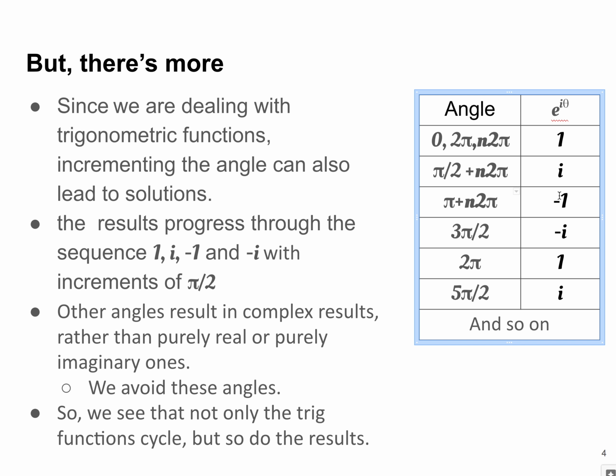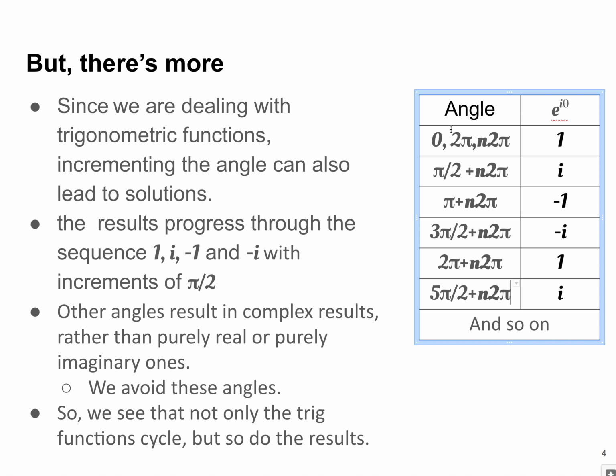All these are also equal to minus 1, and these are equal to minus I, and these are equal to 1. See, we're back to the starting point, and now this one is the same as this one. These are repeating. So increments like this give you this succession of values when you evaluate e to the I pi. Now, if you put in other values for the angle, just random angles, you'll get a complex number. We don't want that, so we're going to avoid that.